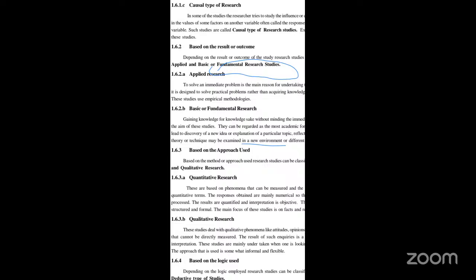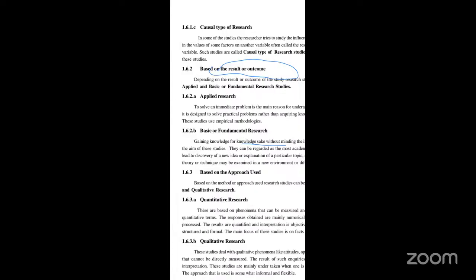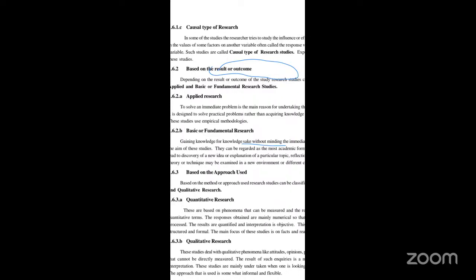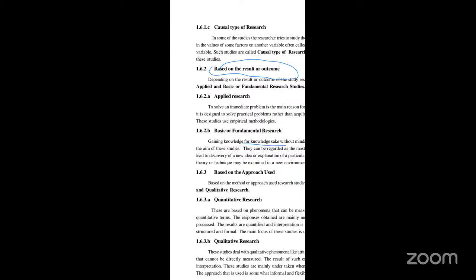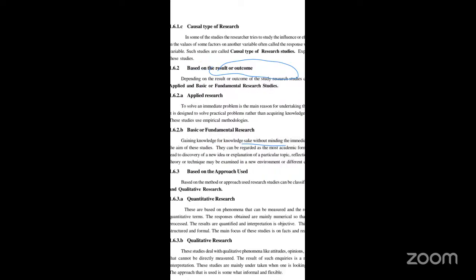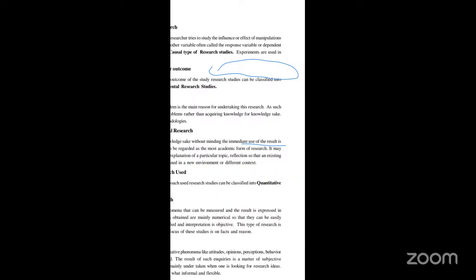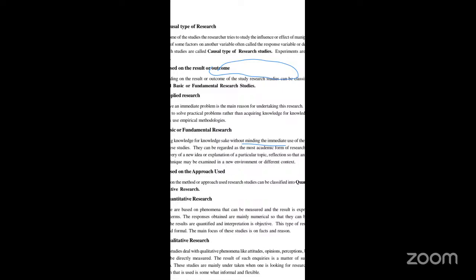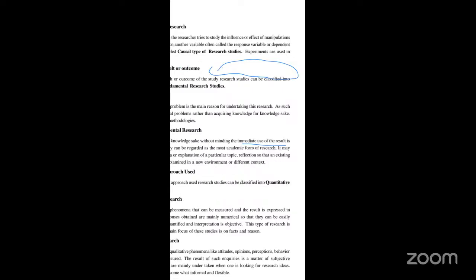So here, causal type of research. In some studies, the researcher tries to study the influence or effect of manipulations in the values of some factors on another variable, often called the response variable or dependent variable. Such studies are called causal type of research. Experiments are used in these studies.